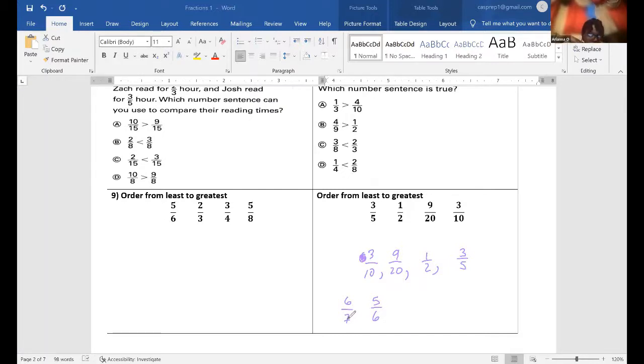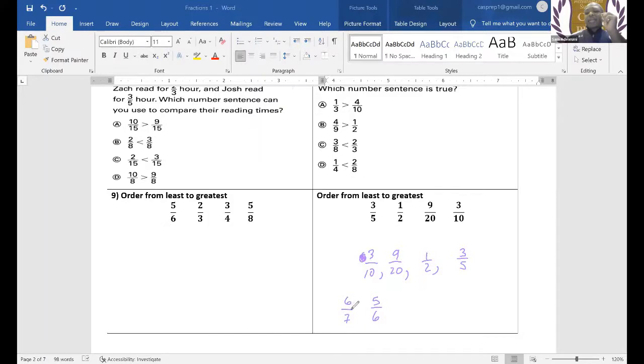So when the denominator is larger, the slices are smaller, right? Yes. Because you're cutting the same whole pie, but this time you're cutting into 7 pieces. In this case, you're cutting into 6 pieces. So the smaller denominator gives you larger pieces, right?